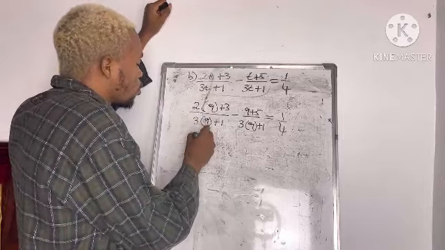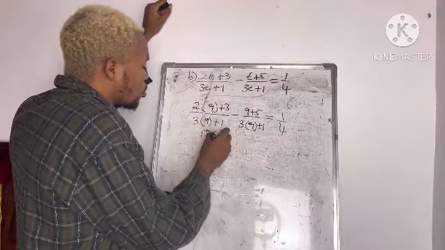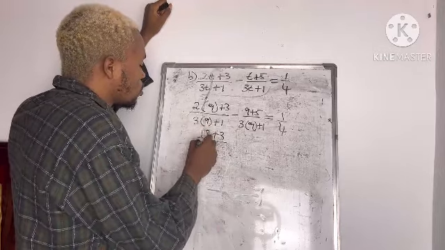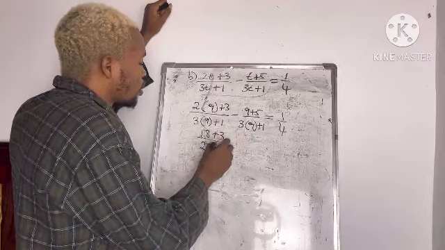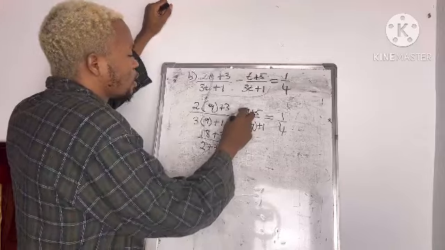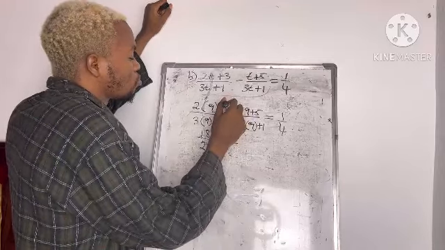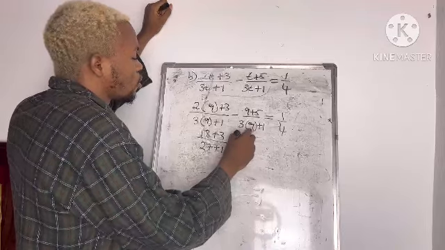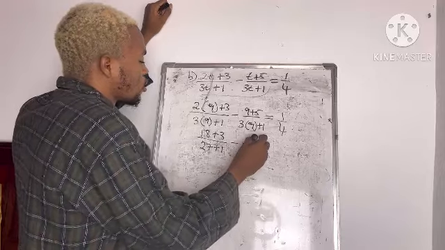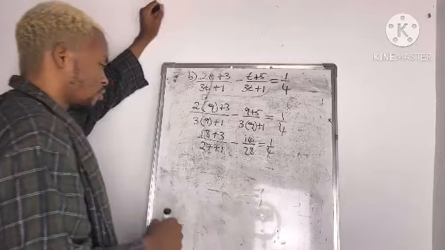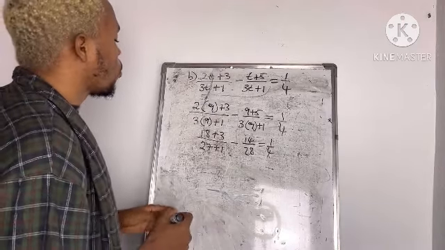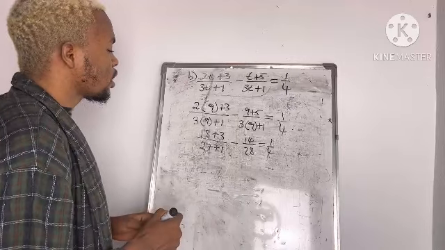Two times 9 gives us 18 plus 3, all this divided by 3 times 9 gives 27 plus 1, all this minus 9 plus 5. 9 plus 5 is 14. 3 times 9 is 27 plus 1, 28. Now 18 plus 3, what's 18 plus 3?